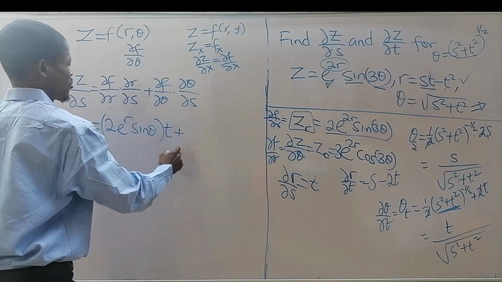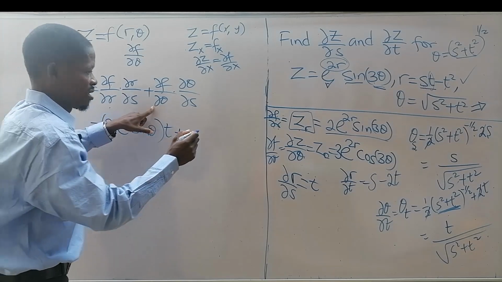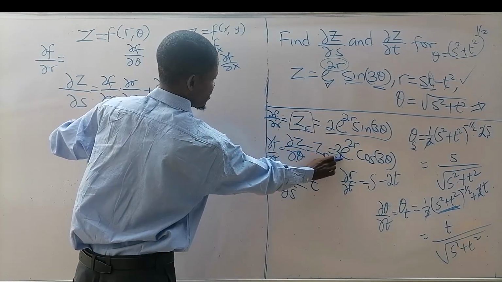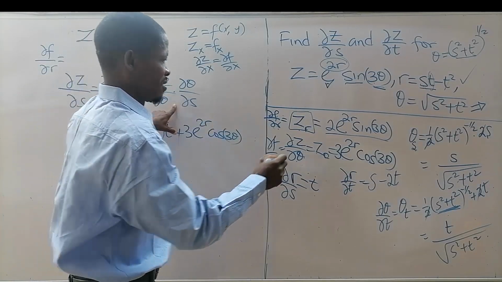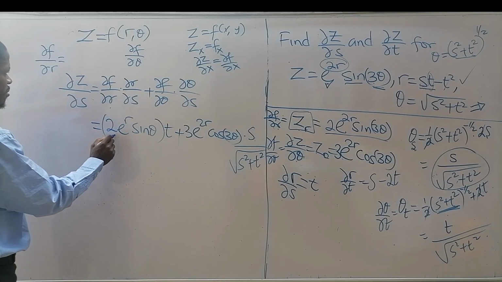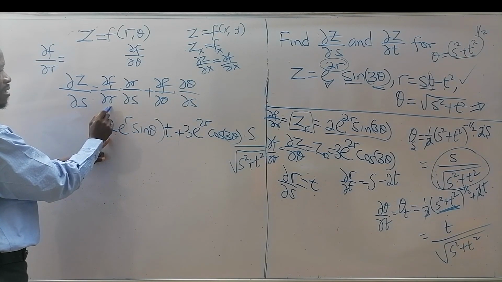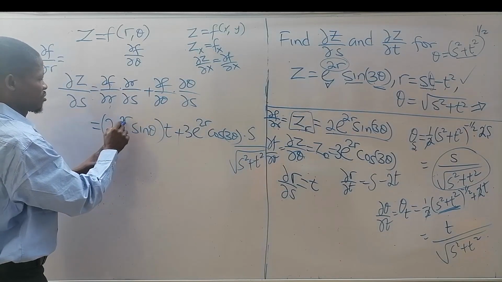Plus del f del theta, which is the same thing as del z del theta, which is this, times del theta del x, that's the value here. We have it here. Here, del f del r is this one. This is 2r, so not r, that's 2r.